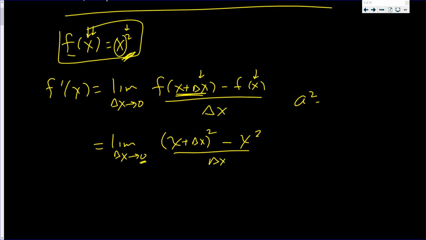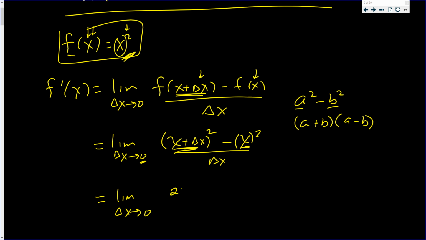Remember, if you have a squared minus b squared, you can add those two things and you can subtract those two things. Here, x plus delta x is the a, and here, x is the b. So I'm still doing algebra. I still write delta x goes to 0. I add these two things and get 2x plus delta x.